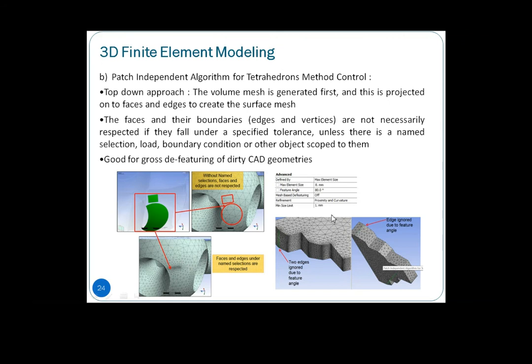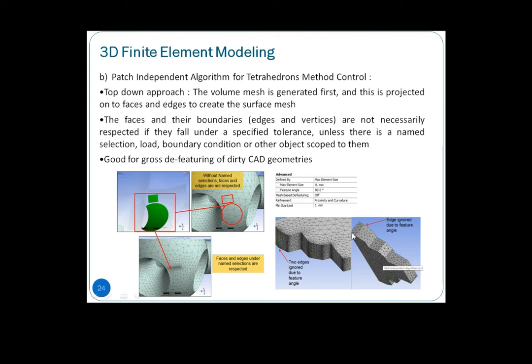For example, here also the same, if you have a curvature like this, fillets or whatever, it's a curve. If you don't select or name it and you want it to be more refined, or even if the setting that you set is below the requirement, then it will be ignored and treated as one free surface.